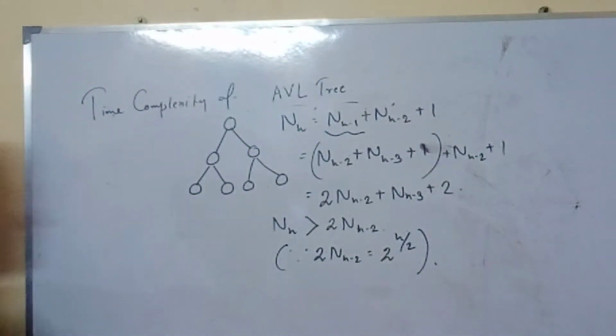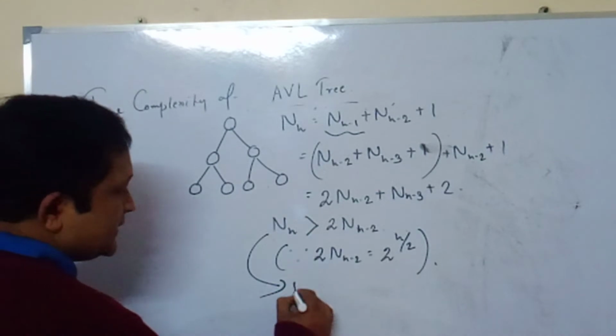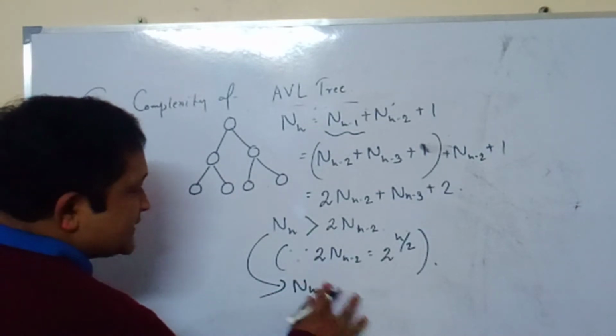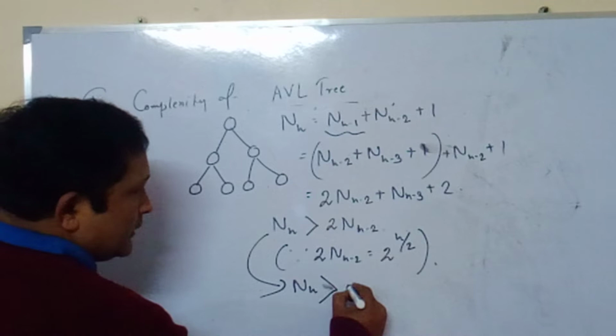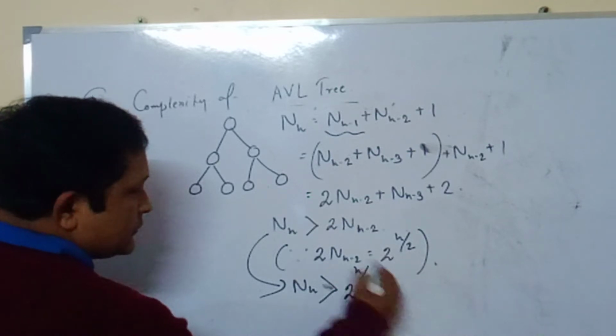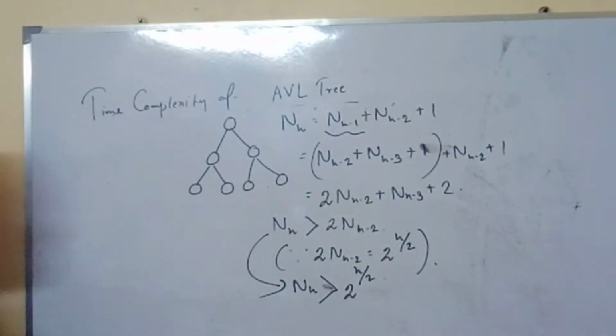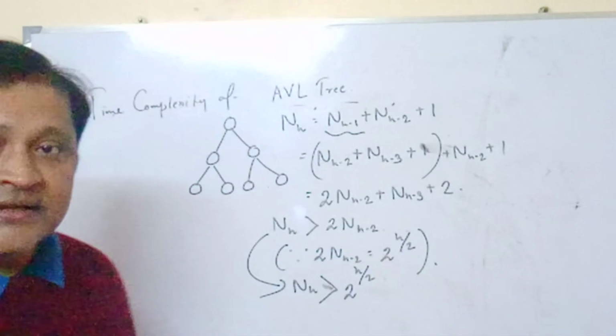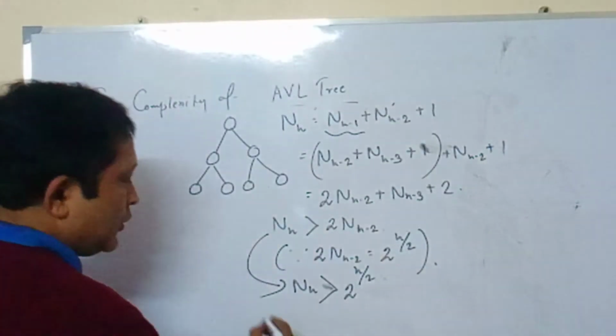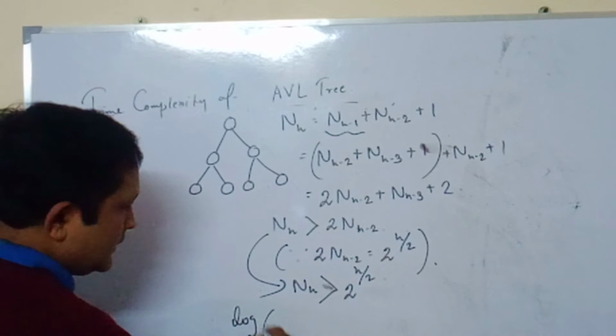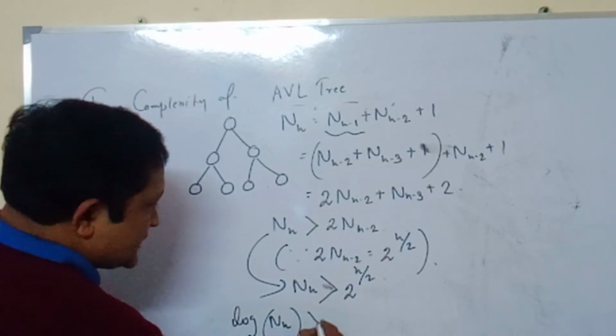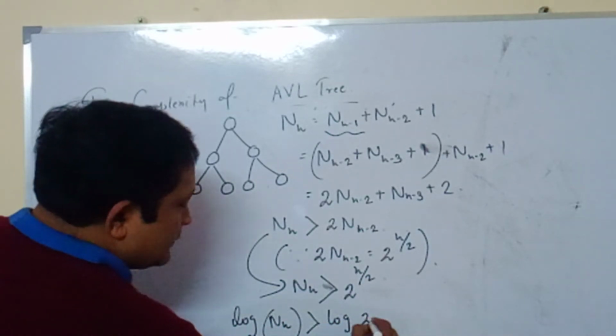So we replace it, and we get n h is greater than 2 to the power h by 2. Taking log on both sides, we have log of n h is greater than log of 2 to the power h by 2.